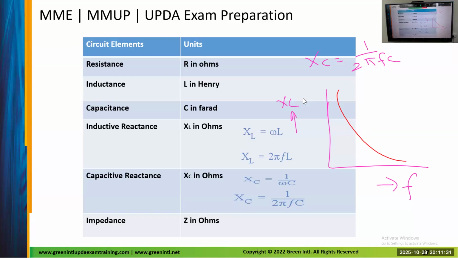So as the frequency increases, the capacitive reactance decreases, in a 1 by X format. So right now we have 3 passive components: resistance, inductance, capacitance. Now in terms of inductance and capacitance, we use the words inductive reactance and capacitive reactance.